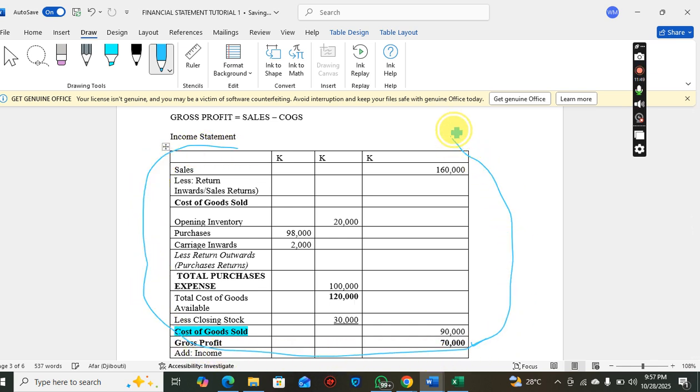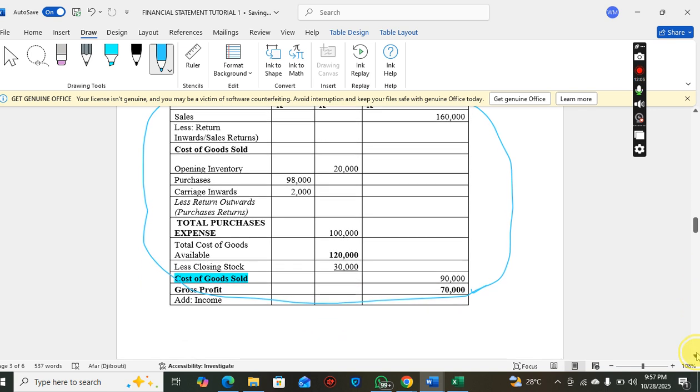Yes. This is the most they'll ask you to do. Sales returns, carriage inwards, return outwards. Basically those are the things you've seen.